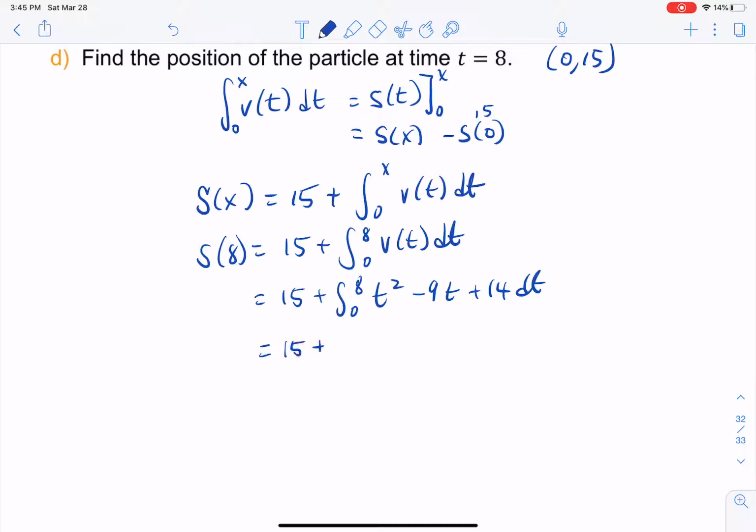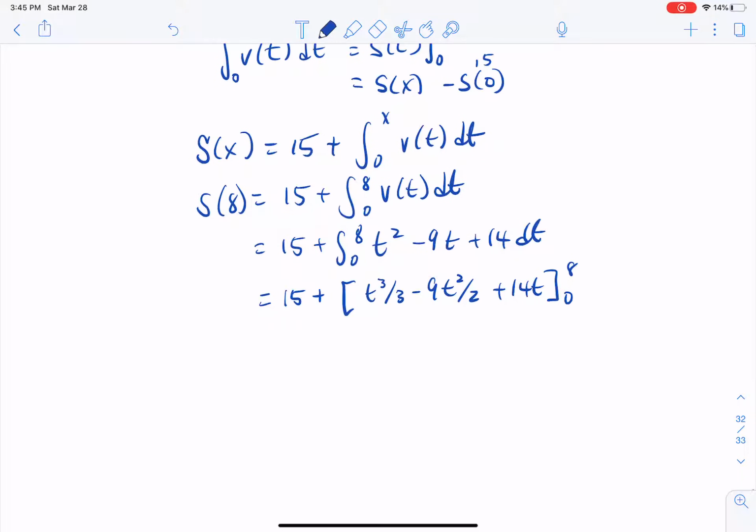So 15 plus, and our antiderivative was t cubed over 3 minus 9t squared over 2 plus 14t, evaluated from 0 to 8, which will not be fun to plug the 8 in there, but we're gonna do it. We've got 8 cubed over 3 minus 9 times 8 squared over 2 plus 14 times 8.